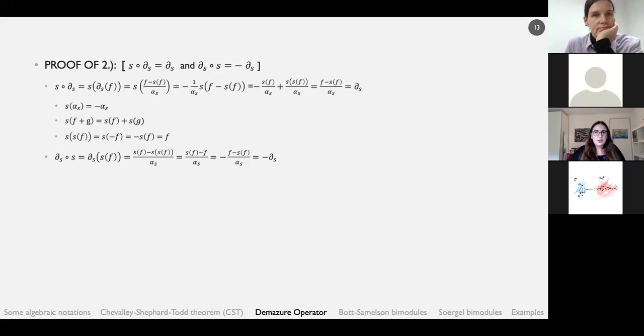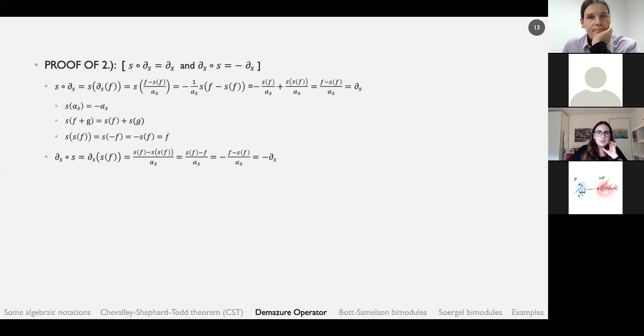First, we want to show that S acts on the divisor operator as a natural element if composed from the left. So you can see here how it works. If we take S of delta S of F, then we first plug in the definition of the divisor operator, and then we can use the fact that S of alpha S is equal to minus alpha S. So we get the minus in front.